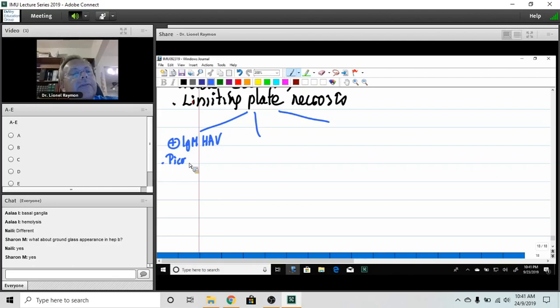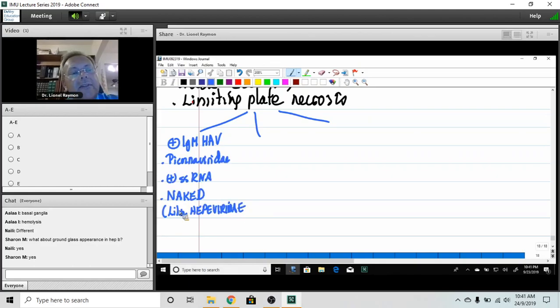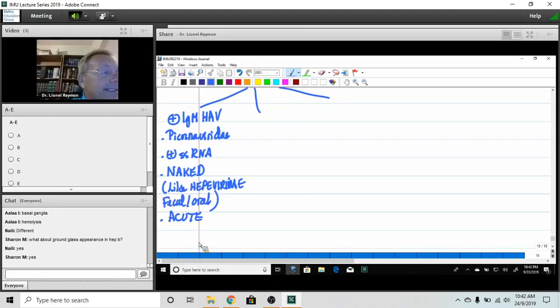So if they're naked, then you know, like Hep E, it's going to be fecal-oral transmission. And never gives you chronic. It's always an acute hepatitis that you're going to have in that patient, and there's no treatment. The prophylaxis is sanitation, basically.